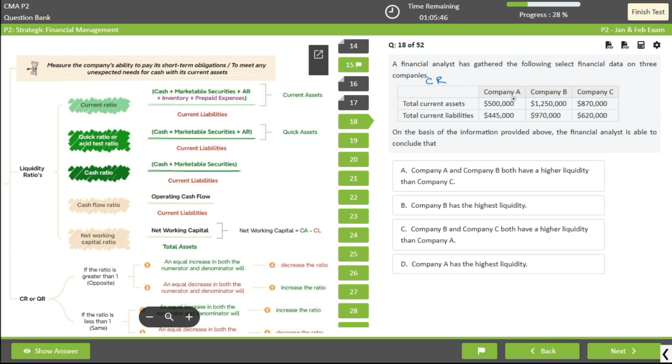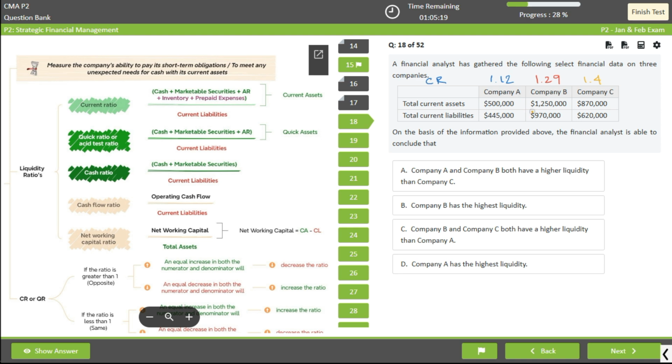The current ratio for company A, current assets divided by current liabilities, is 1.12, for company B it is 1.29, and for company C it is 1.4.